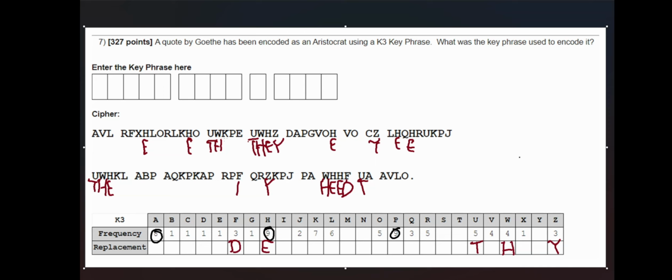We have D right here. And where else? F to D. Sorry about that. And right here in the second word.